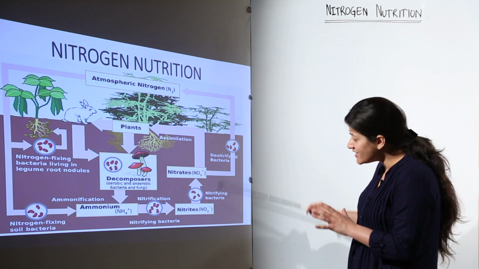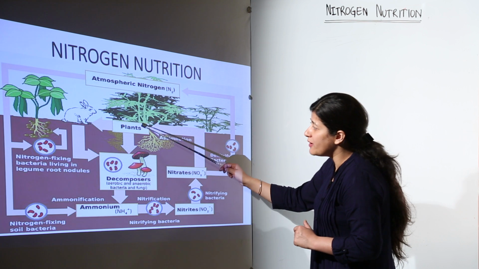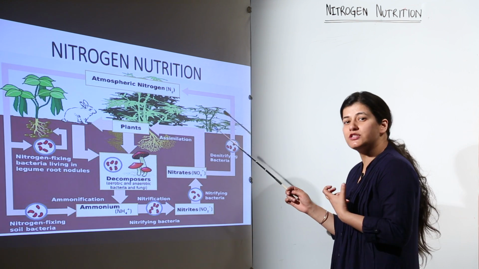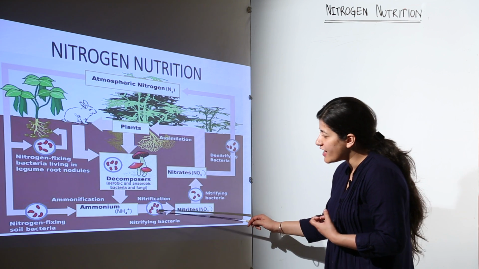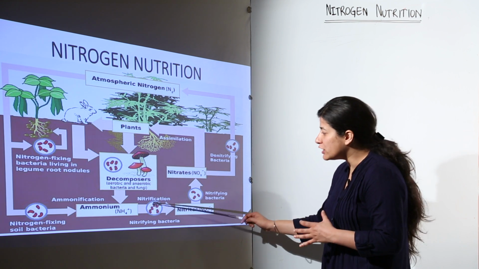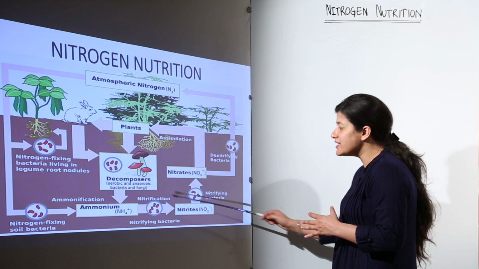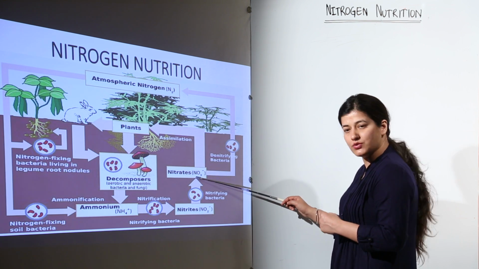Alright. This is the entire process, how the plants take up the nitrates from the soil. So we have nitrification taking place, and we have nitrifying bacteria which convert the ammonium into nitrites, and the nitrites into nitrates.